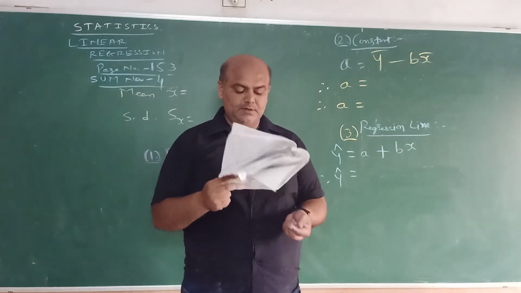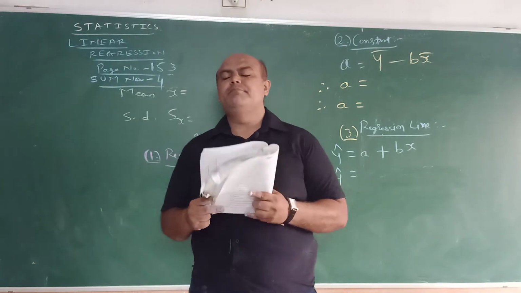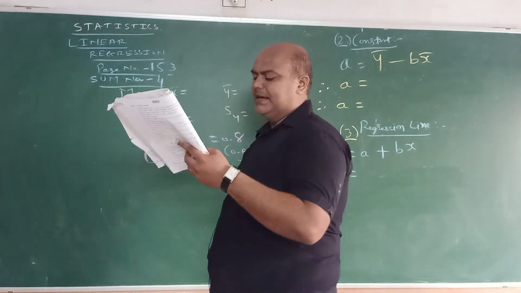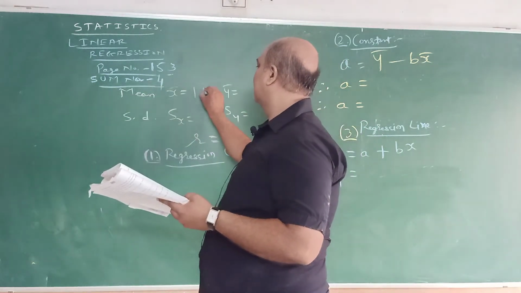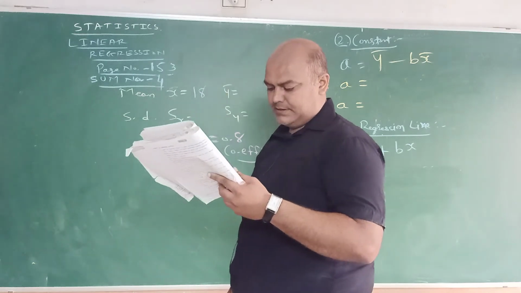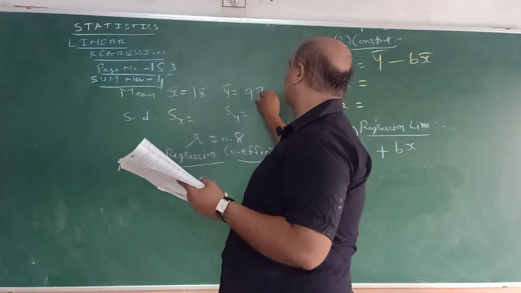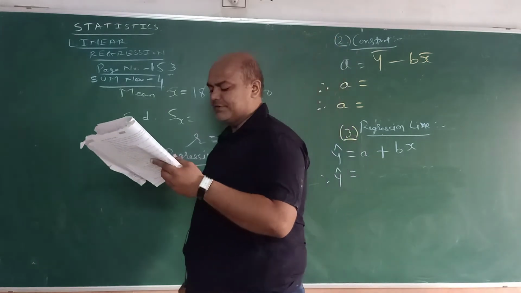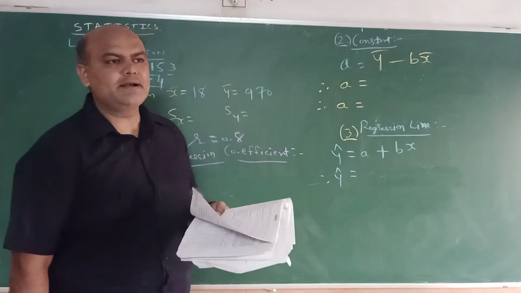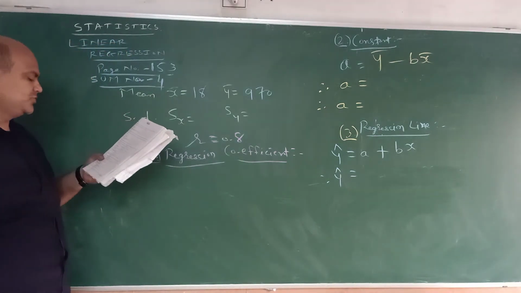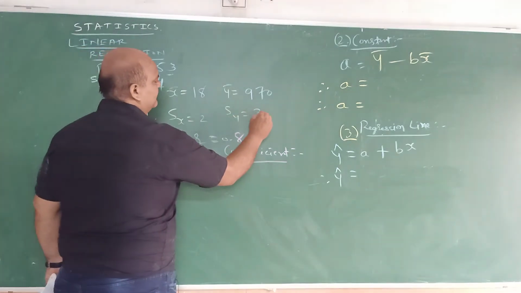Mean is provided, mean means x bar and y bar. Mean of rainfall is 18 and y bar, the yield of crop, is 970. SD is provided, standard deviation 2 and 38.